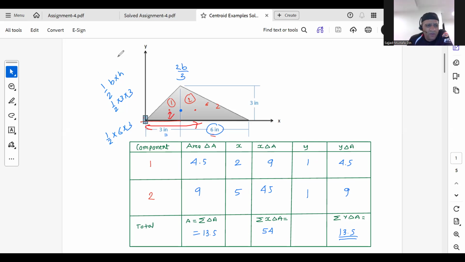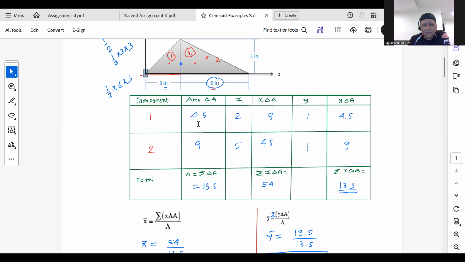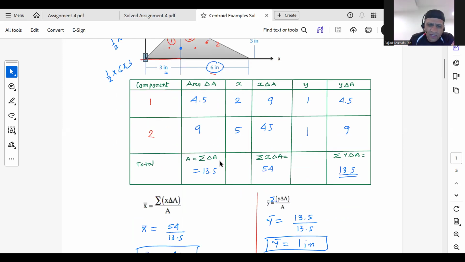And then all you have to do is use your calculator to fill in the blanks in the table. As you can see here, you add 4.5 with 9, that's 13.5. You add x times the area A for both. So it's 4.5 times 2, this is 9. This is 9 times 5, 45, so 54.